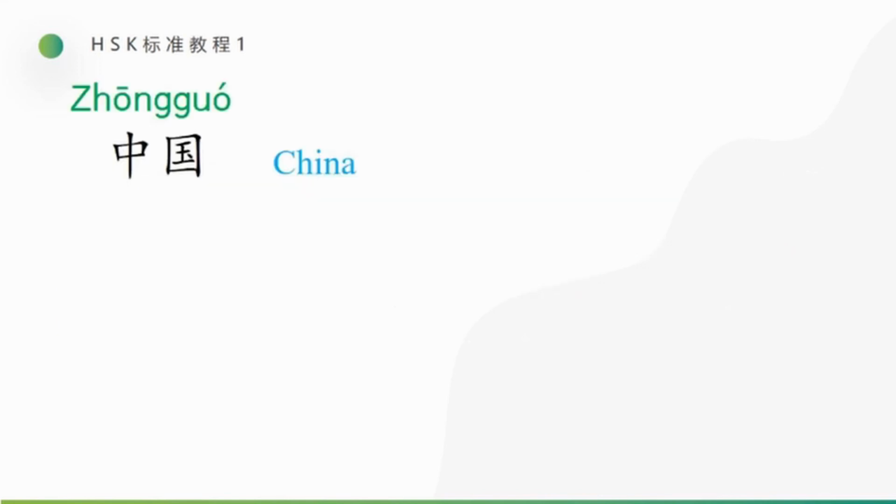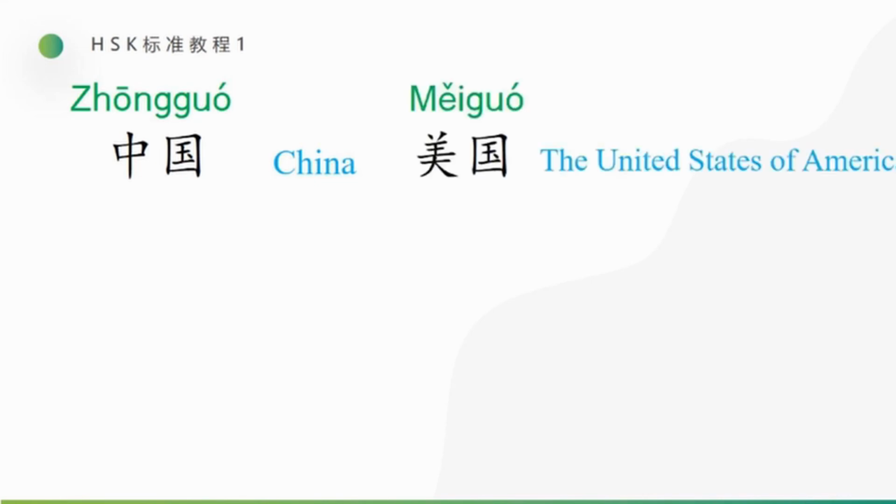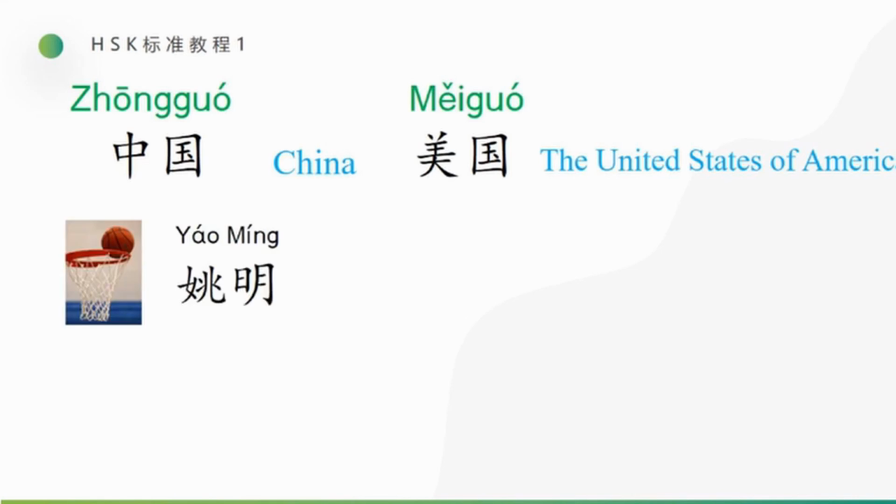OK, let's look at next word. 这是中国，中国, right? We all know this word. This one, 美国, the United States of America. Do you know him? 姚明. 姚明 is a basketball player, very famous.